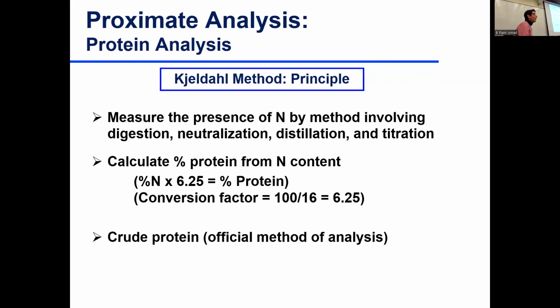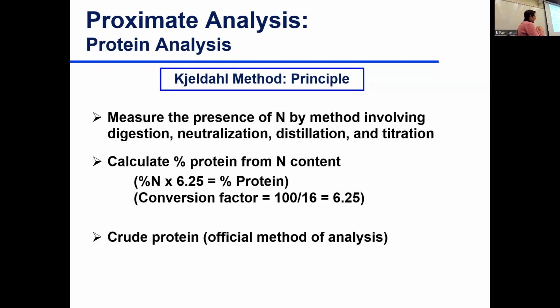But what I was talking about is 3 basic amino acids. These are lysine, arginine, and histidine. And those 3 amino acids vary a lot in different proteins. So the average nitrogen percent in any given protein is 16%.